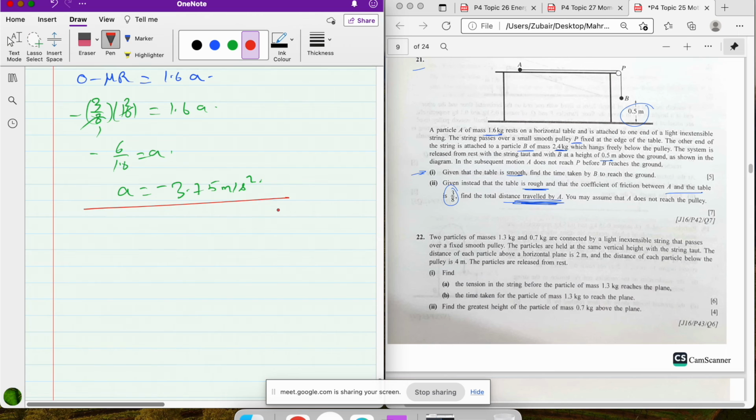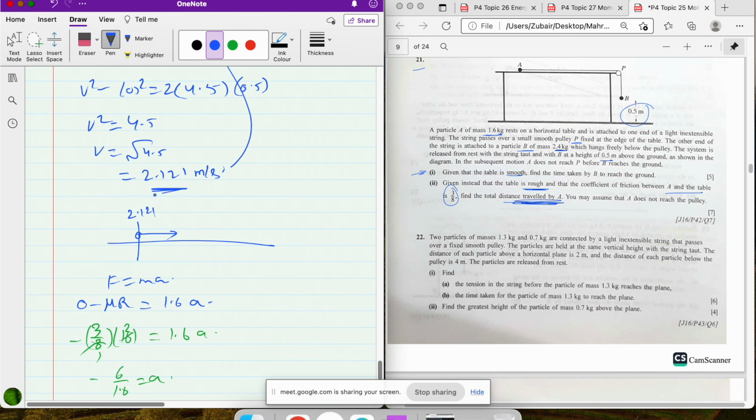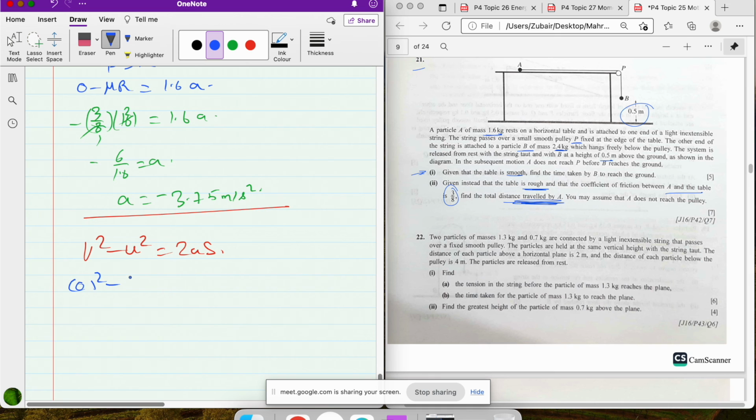I now have this value and the initial speed, which is 2.121, so I can find the distance traveled. v squared minus u squared equals 2as. The final velocity when A eventually comes to rest will be 0. The initial velocity squared is already 4.5, and I'm using that exact value.